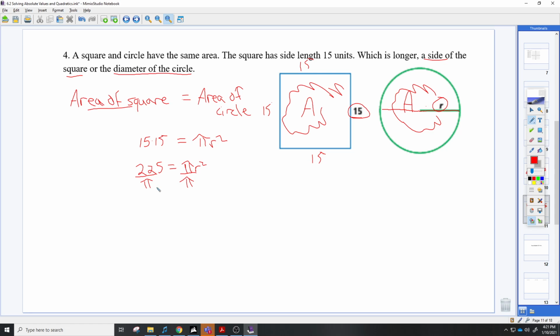I'll probably do it that way. So 225 divided by 3.14 looks like 71.65. So we'll do 71.7, round that up, equals r squared. And again, we have to think about what squared gives you 71.7, or you can just do the square root symbol.